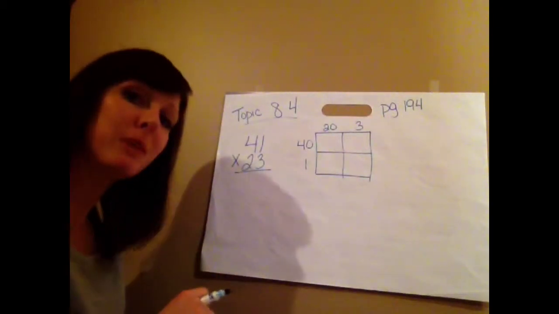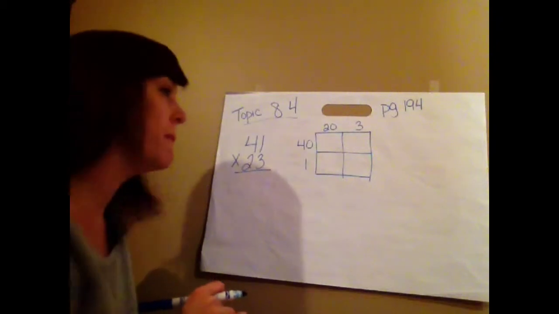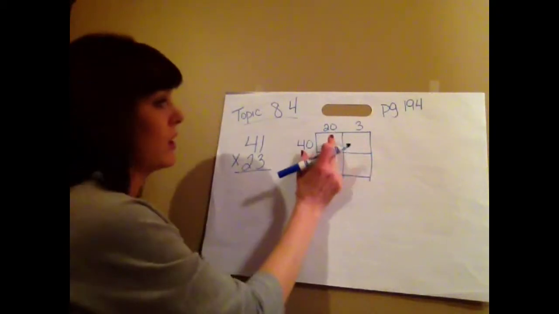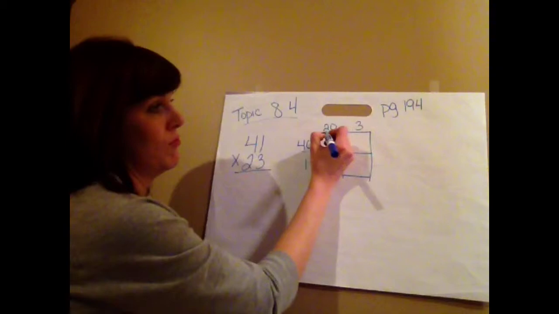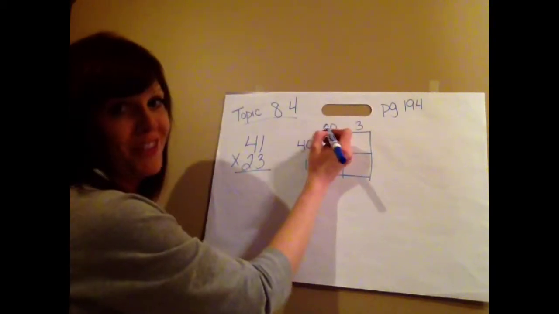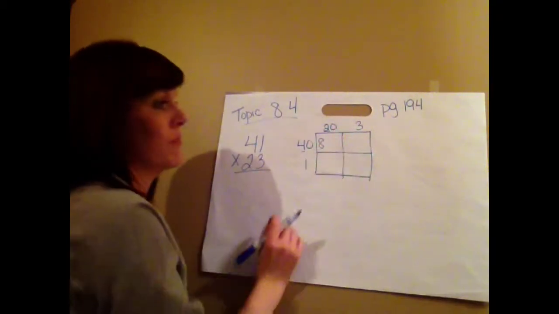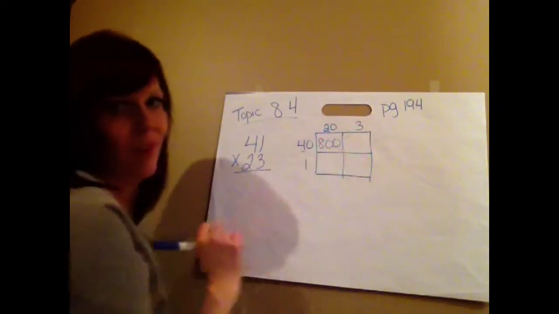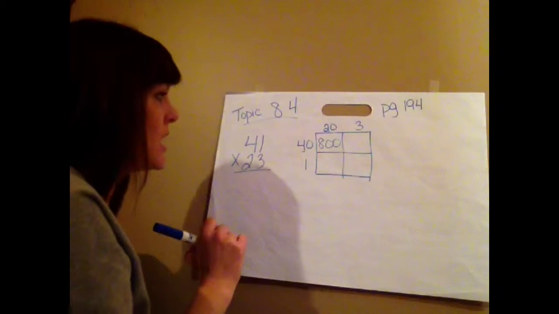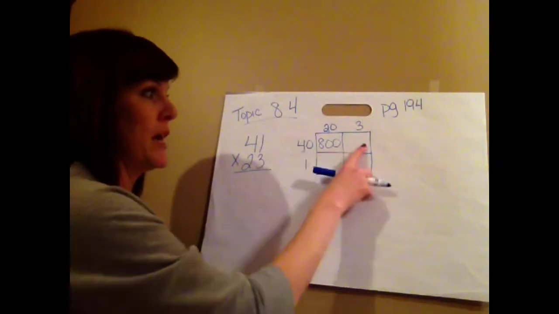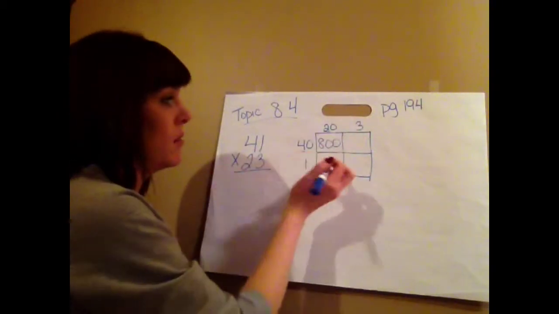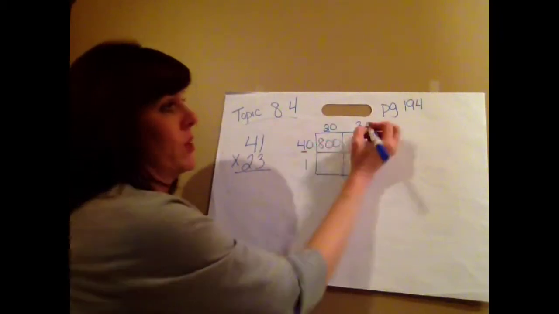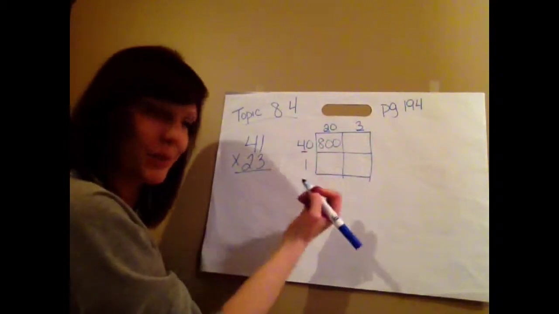Okay, now this makes for really easy multiplication. I'm going to start here. 4 times 2 is 8, but I'm just going to stamp these 2 zeros here, giving me 800. Now I'm going to move over to 40 times 3, but I'm just going to start with 4 times 3, which is 12.